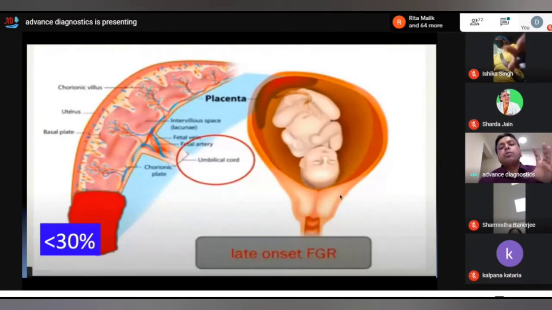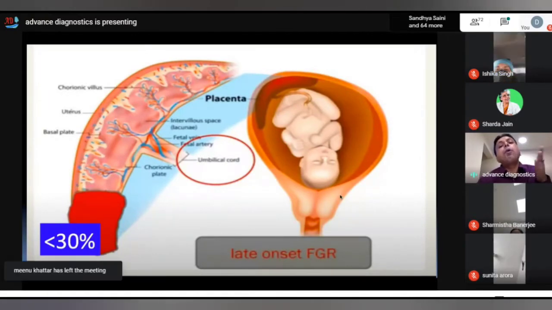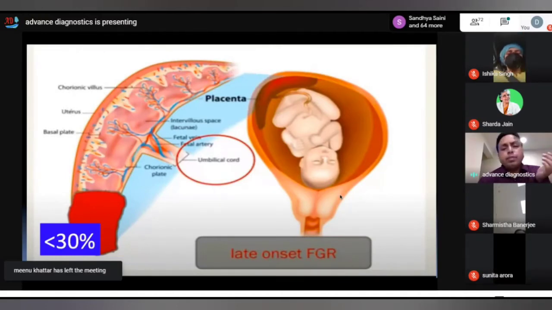So now we have a well grown baby. Now its demand increases. So these fetuses' hearts are well developed. So we are not concerned with the DV. We are concerned with the hypoxia. So that is why we see the changes in the CPR.